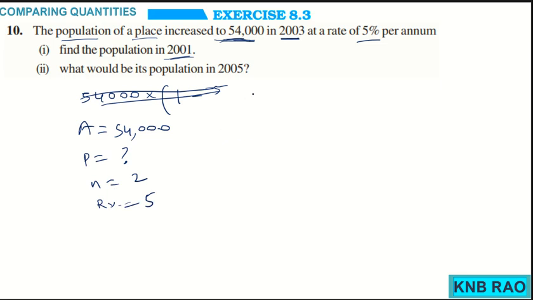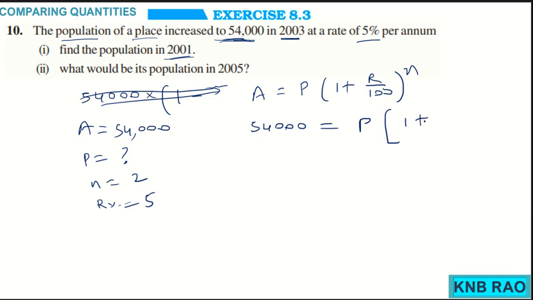By substituting in the formula, A equals P into 1 plus R upon 100 whole power n, I will substitute 54,000 equals P, which we are calculating, into 1 plus 5 by 100 whole power 2. That means 1 plus 5 by 100 is 105 by 100 whole square.